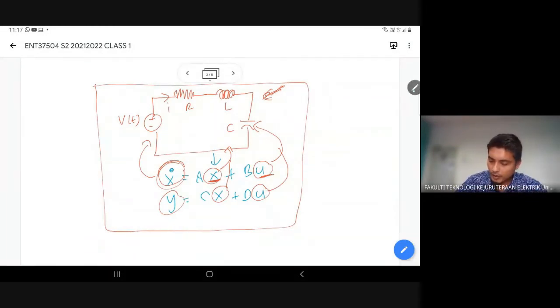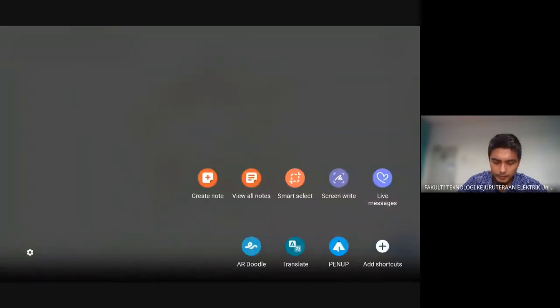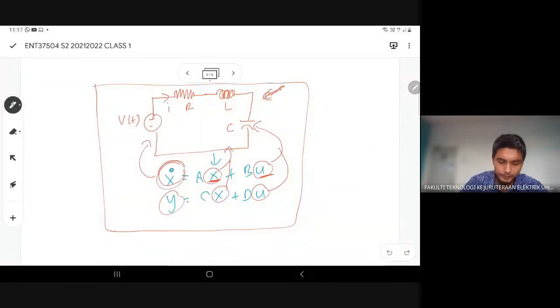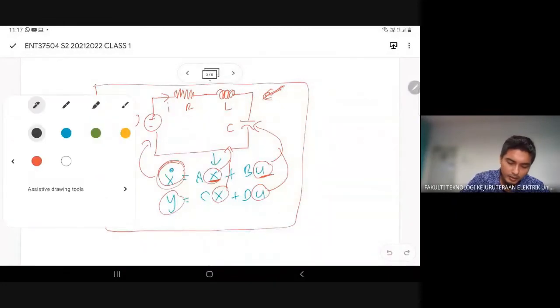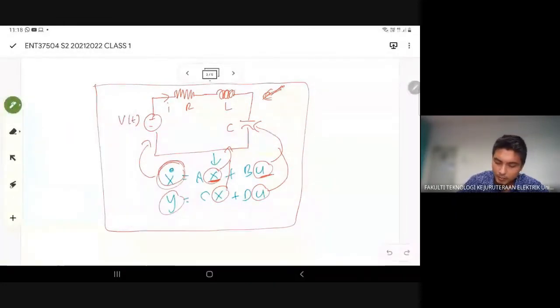So according to the table, how many components do you have there? You have 3 components: R, L, and C. And then there is a voltage equation and a current equation.